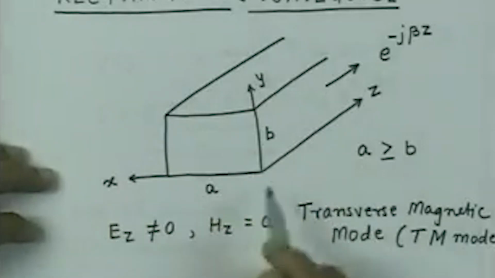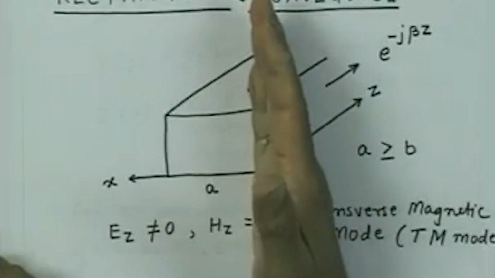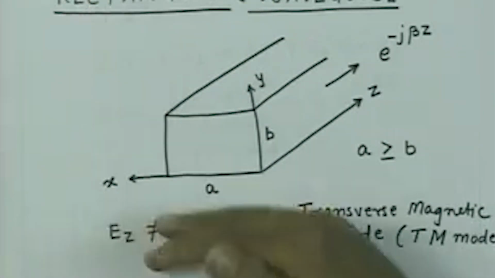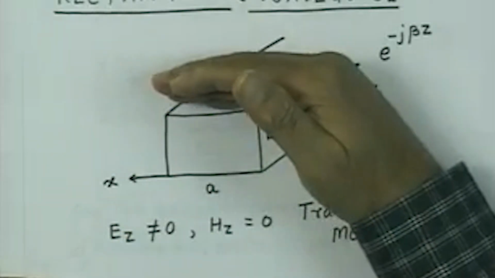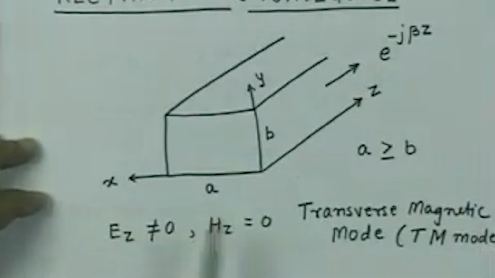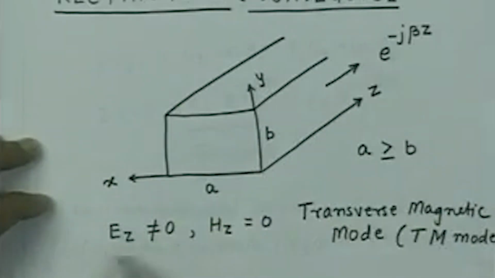we have four boundary conditions: one on this wall which is x equal to 0, one on this wall which is x equal to a, one on this wall which is y equal to 0, and one on this wall which is y equal to b. So, we have four boundary conditions, that on all these four walls, where x equal to 0, x equal to a, y equal to 0, y equal to b, this component which is tangential should be 0.